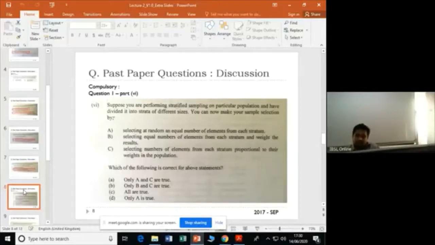Part B says selecting an equal number of elements from each stratum and weight the results. Part C says selecting a number of elements from each stratum proportional to their weights in the population. The examiner is asking which of the following is correct: A and C, B and C, all, or only A. Take a moment and let's try to find the correct answer.